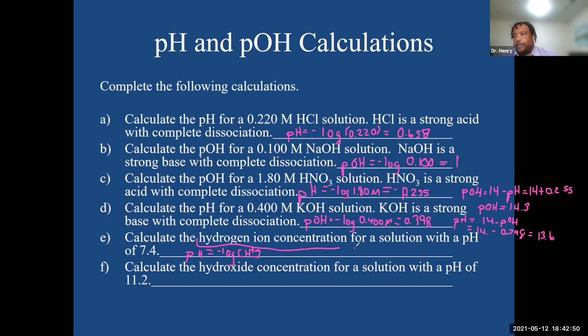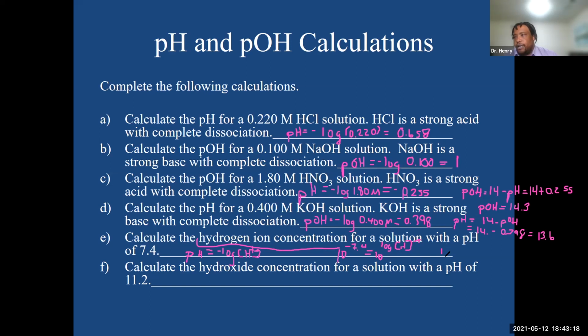So we'll have 10 to the negative pH, which equals 10 to the log of the concentration. So these are going to cancel each other out.